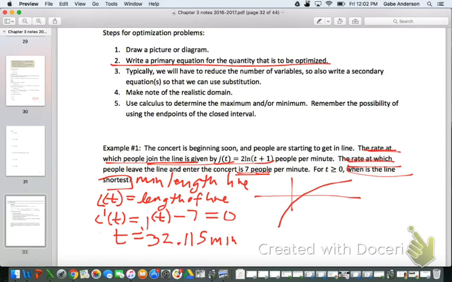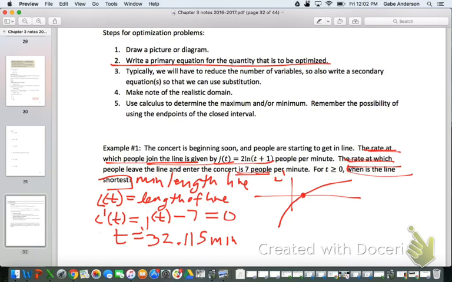Okay, so if this is a graph of L prime, then we can conclude, what is the behavior of L prime right at our critical number? What is L prime doing? Going from negative to positive. Going from negative to positive, which means that L of t is a minimum. It's minimized. So here's how we would close this off.